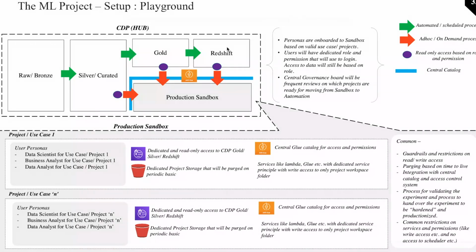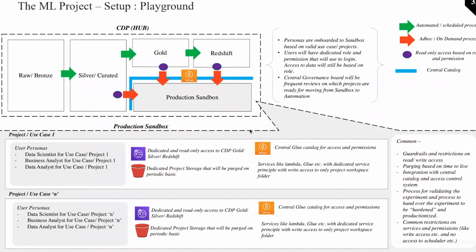Similarly, your gold and your Redshift might be installed in respective physically separate AWS accounts. And similarly, your production sandbox can be a fully dedicated AWS account. All these 5 AWS accounts, in reality, when we did a project like eTrade, we had 9 AWS accounts. All these accounts can be logically combined to create one single production data lake.